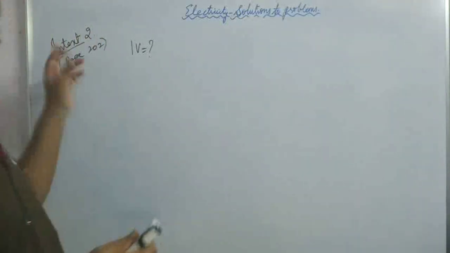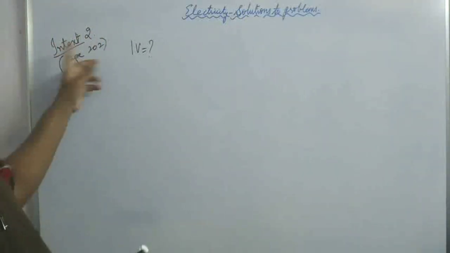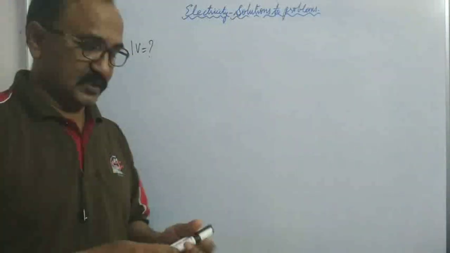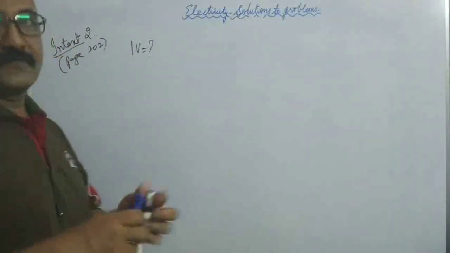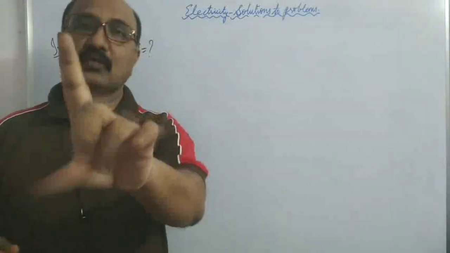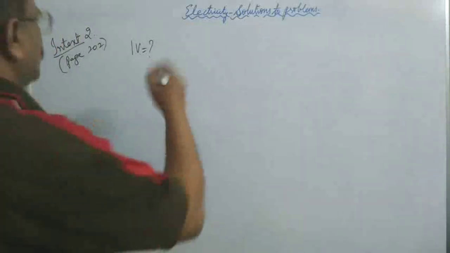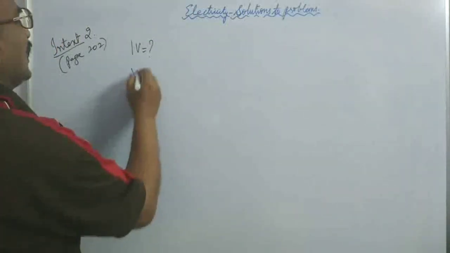Now we will do page number 202, in-text question 2. What is the meaning of 1 volt? If you have no idea what 1 volt is, just go back to the basics, the definition of potential difference.